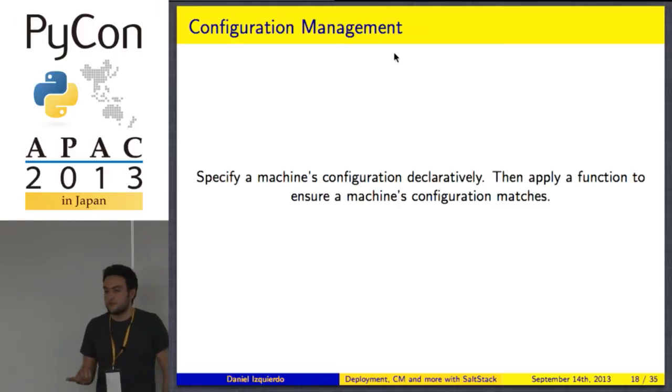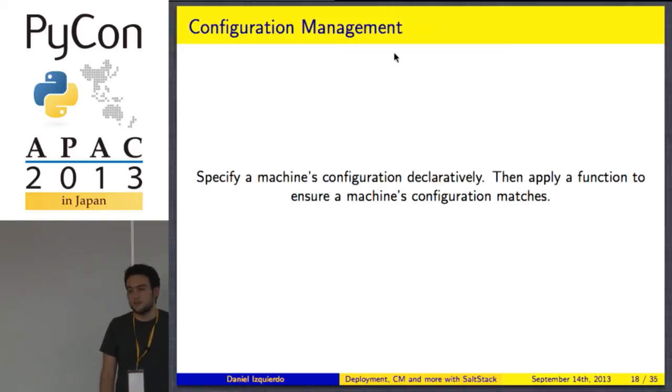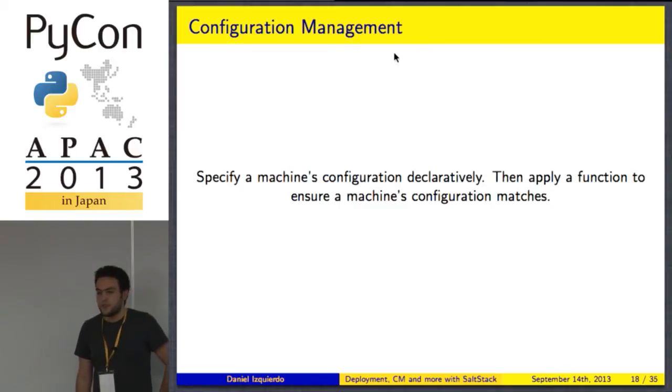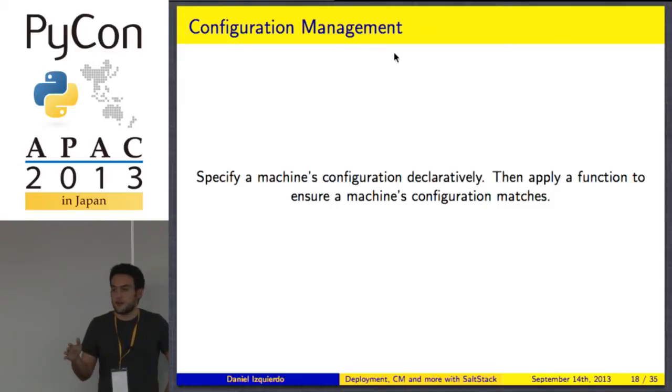What does a configuration mean? It means, for example, a set of installed packages, specific versions, or maybe you just want the latest version of a package to be installed. It also means maybe you want a configuration file to be present or absent.